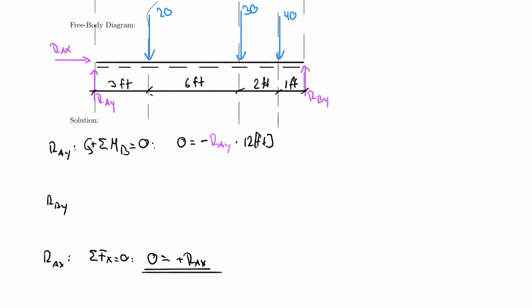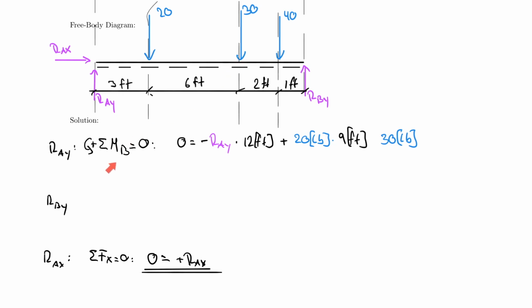And now I have to deal with all my other forces. So let's start with the 20. So 20 pounds multiplied by, what distance do I have here? So from here to here I have 6, 8, 9 feet. So times 9 feet. The question is that positive or negative? And the answer is positive because it turns counterclockwise. Then I have my 30 pounds multiplied by, what's that distance now?